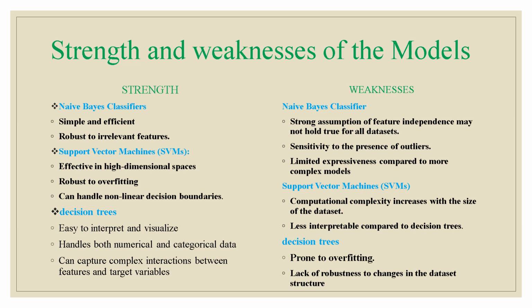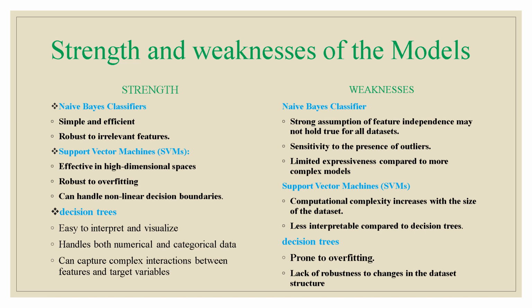When we go to the weaknesses, we start with the naive Bayes, and it has a strong assumption of feature independence that may not hold true for all datasets. It is sensitive, and it may produce outliers, and its expressiveness is limited compared to other models. Then we go to the support vector machine.